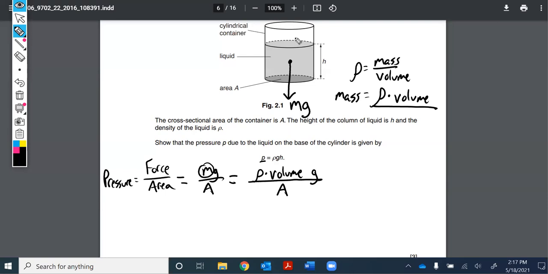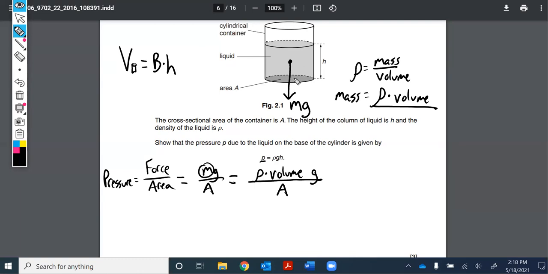The volume of this liquid is the volume of the cylinder with height H. And how do you calculate the volume of a prism? Cylindrical prism, rectangular prism. In general, it's the area of the base times the height. So the volume is the two-dimensional area times the third dimension.